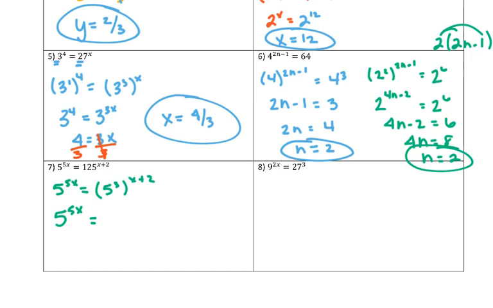But just like in number 4, that second option I showed you, that 3 has to multiply by both x and the 2. So you're going to have 5 to the power of 3x plus 6. Then you're going to take your exponents, set those equal to each other, and solve.